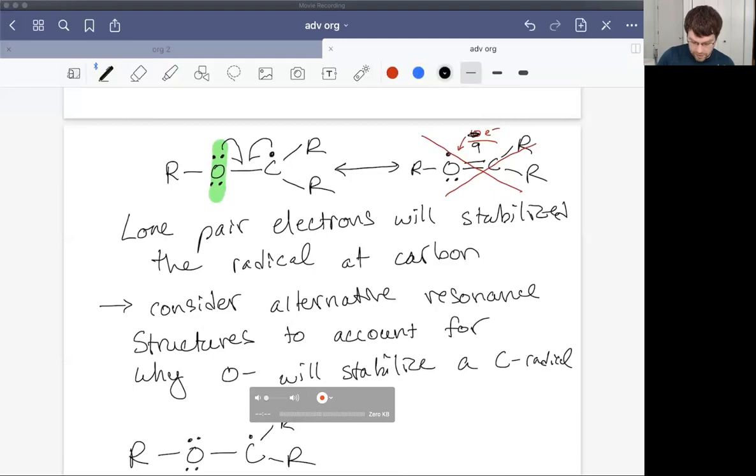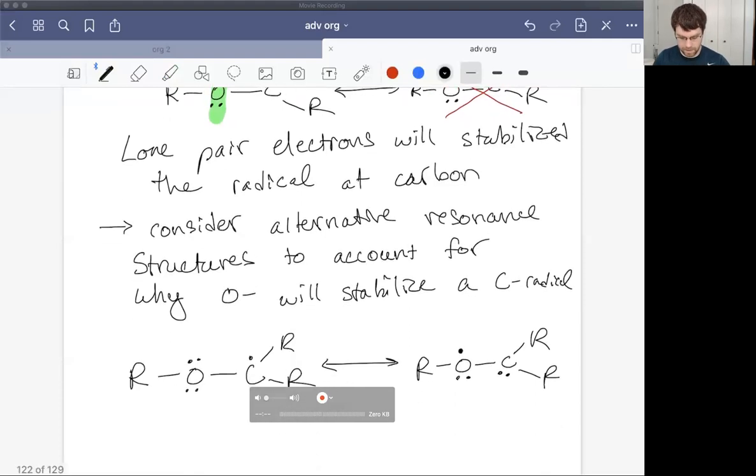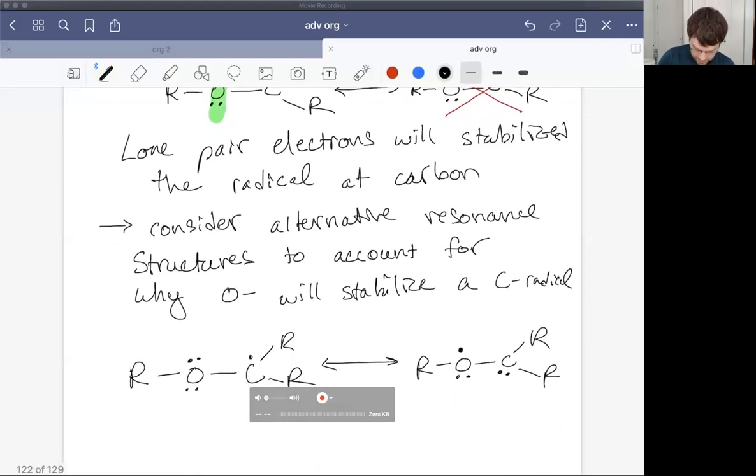Now, what we have to recognize here is that an alternative resonance structure is one in which the carbon atom has a lone pair of electrons and the oxygen atom picks up the free radical. Now, if we do that, the oxygen atom is now +1 and the carbon atom is now -1.